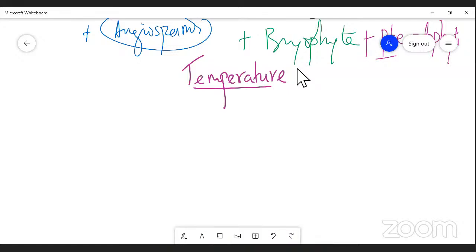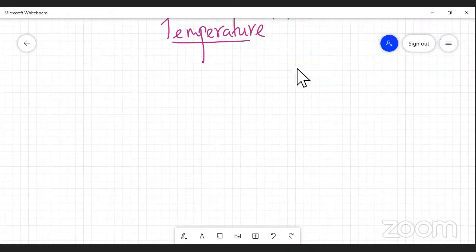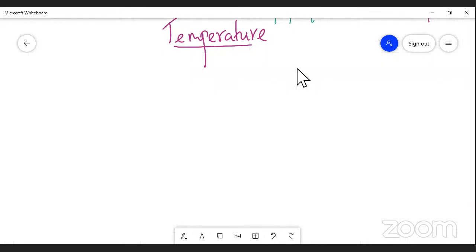And not only that, it also controls all the metabolic activities of the cell in a plant. Temperature is one of the climatic factors that controls all the activity of the cells of an organism, including plants and animals, right? So temperature is also a very important climatic factor.